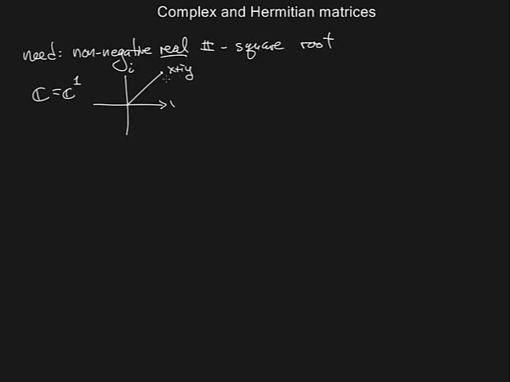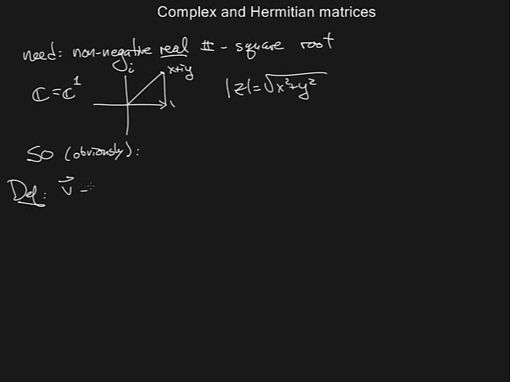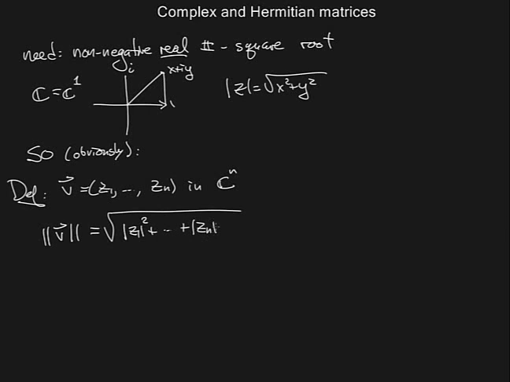We defined the absolute value of a complex number to be the square root of x squared plus y squared. Well, the length of a vector is a generalization of this. This is a 1-vector, so to generalize this to an n-vector, it's clear what to do. If v is z1 through zn, then the length of v had better be the square root of the absolute value of z1 squared up to the absolute value of zn squared.